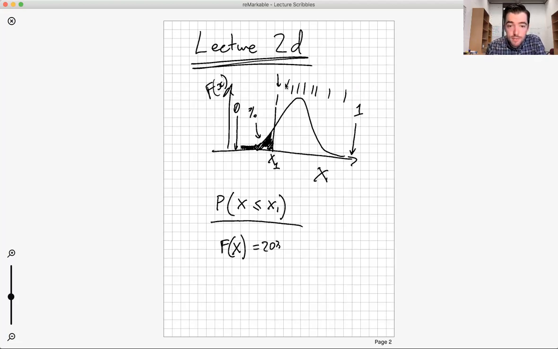And if I do this for all of these different draws, the number of times that I see something that is at 100% is very, very small, because it's in the tail of this distribution here. The number of times that I see something that is at 0% is very, very small.